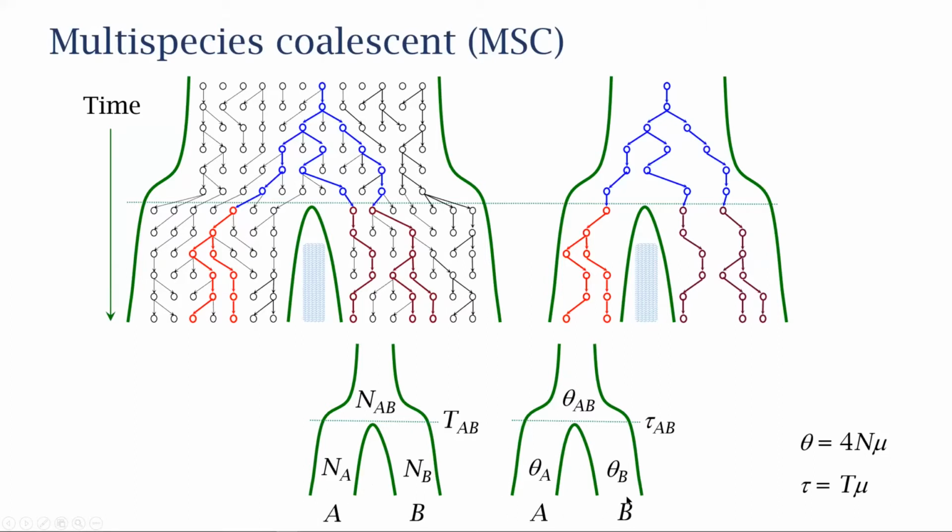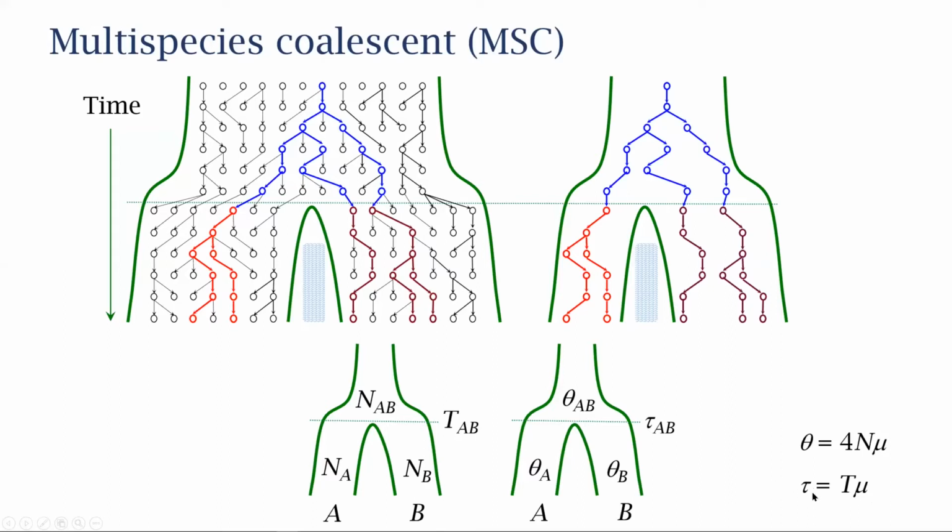So we multiply the divergence time by the mutation rate, which we call tau. That's still called the species divergence time, but it's the time t in generations multiplied by the mutation rate per generation. That gives us the genetic distance.